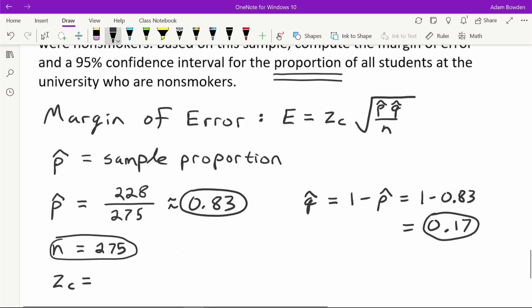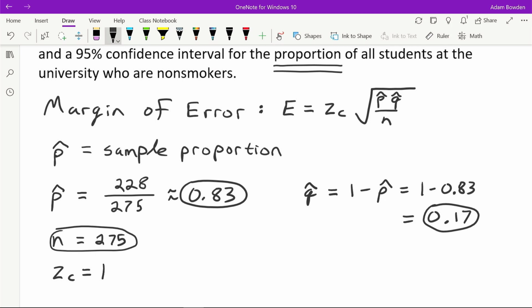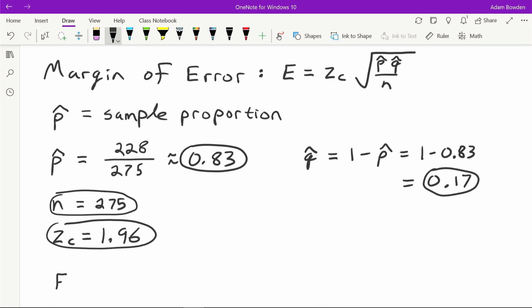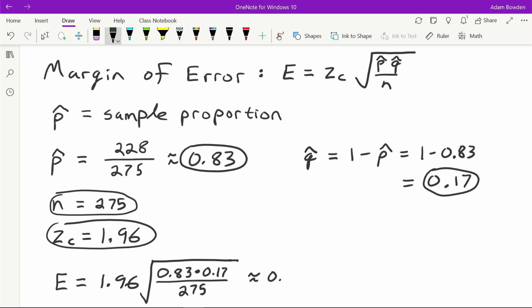For the 95% confidence interval in the table, it's 1.96. So when we put that all together in the margin of error formula, E is equal to 1.96 times the square root of 0.83 times 0.17 all over 275. This comes to approximately, rounded, 0.04 for margin of error.